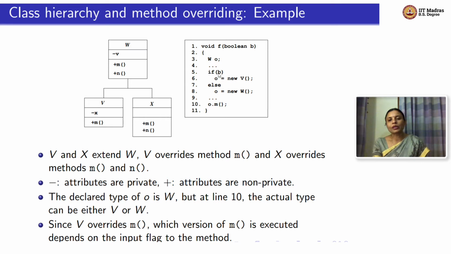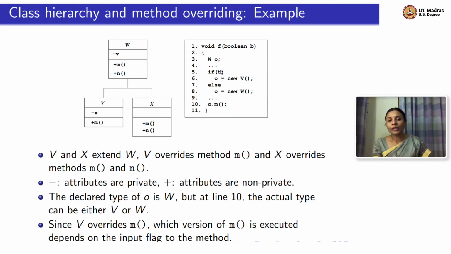Now if this B variable tests true, then line 6 says O is equal to new V. And if this B variable tests false, then line 8 executes and that says O is new W. So actually at line 3, the declared type of object O is W. But by the time the code finishes executing this if statement and comes to line 10, the actual type of this object O can be V or W based on whether the Boolean variable B tested true or false.